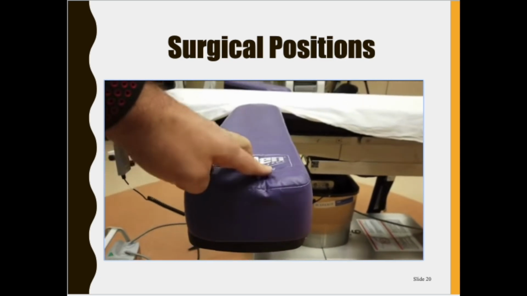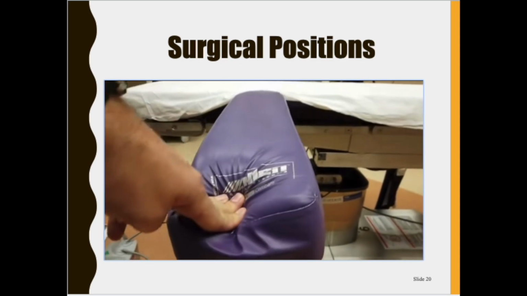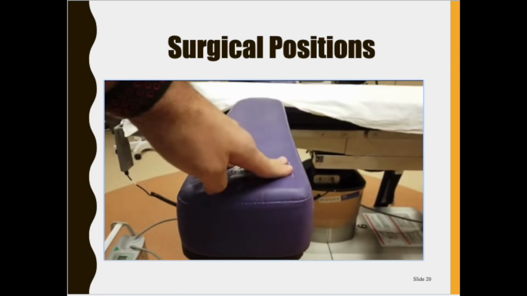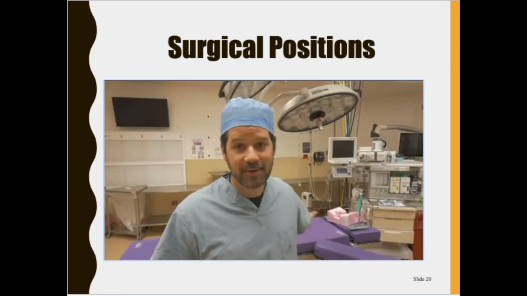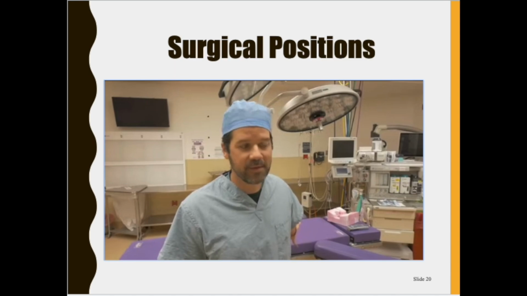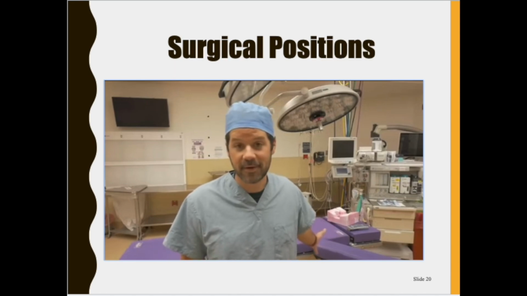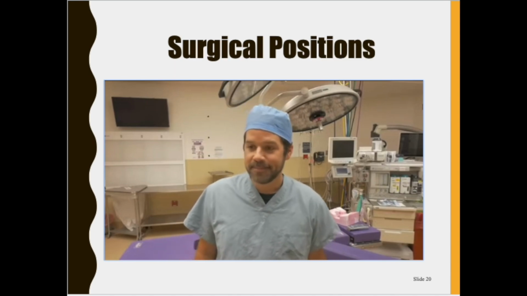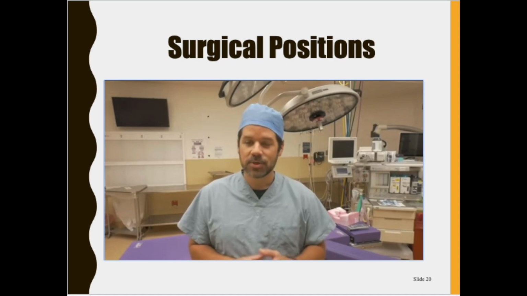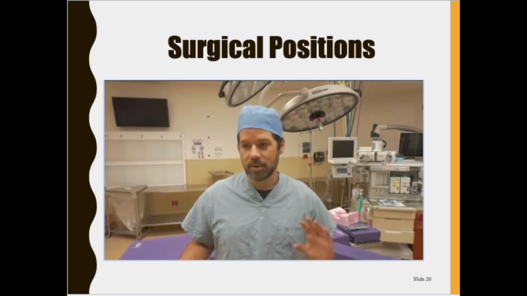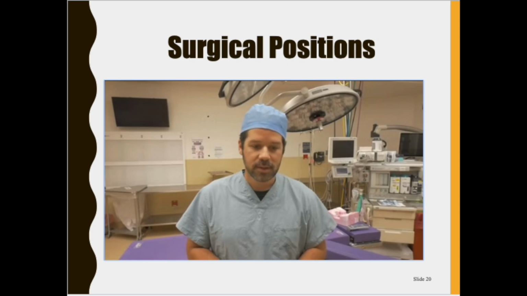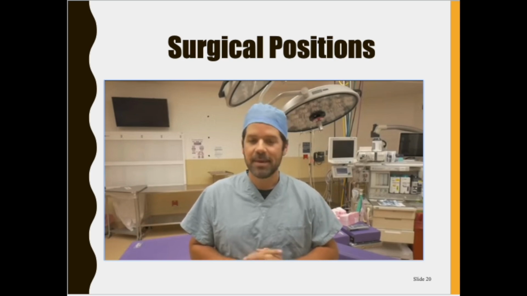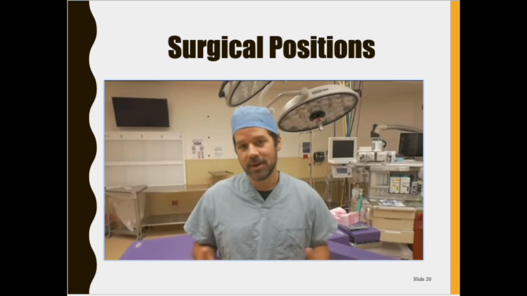It's like this thick gel memory foam. It's like 5 or 6 inches thick. It's actually very comfortable. That was my first time ever even getting on this table, and it's actually very, very comfortable. But we try and pad all those types of bony prominences and nerves to keep anything from getting damaged that we don't want damaged, obviously.